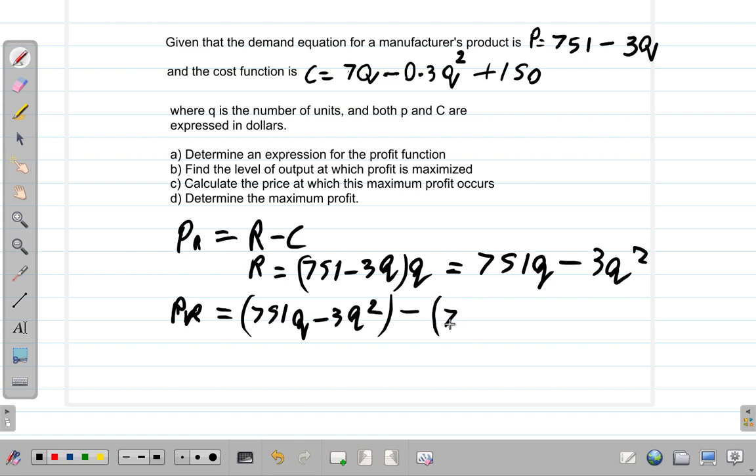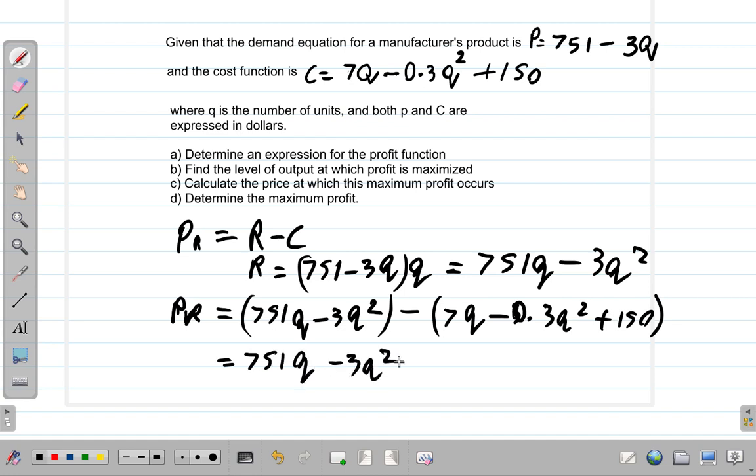The cost is 7Q minus 0.3Q squared plus 150. So when you remove the bracket, 751Q minus 3Q squared minus 7Q plus 0.3Q squared minus 150.